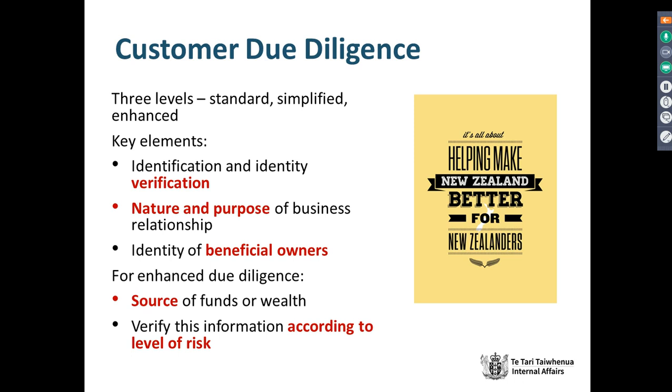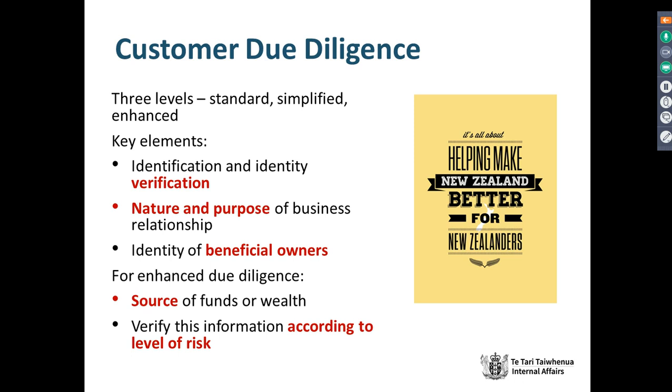Simplified CDD, which is used for specific customers or customer types which are considered low MLTF risk. These customers are specified in the Act and usually are government-backed organisations or government entities. And then there's enhanced CDD, where there are factors creating a higher money laundering or terrorism financing risk, which is specified out in the Act.